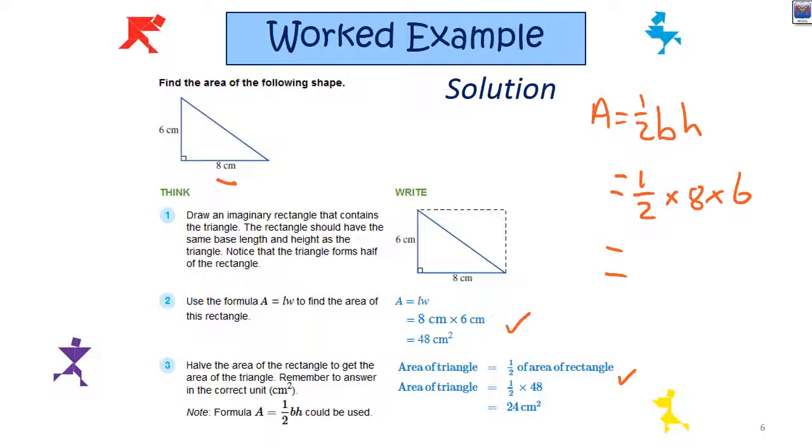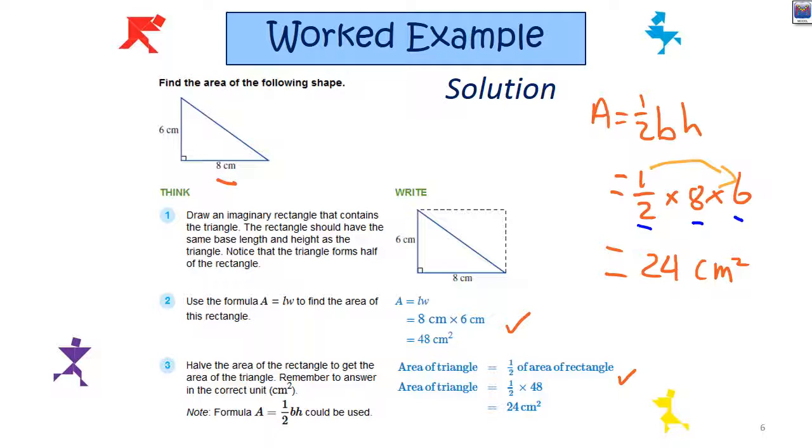Now there's a heap of ways you can do this. You could work out a half times 8. What's a half of 8? That's 4. 4 times 6. 6 fours are 24. It's measured in square centimeters. Alternatively, you could say what's a half of 6?